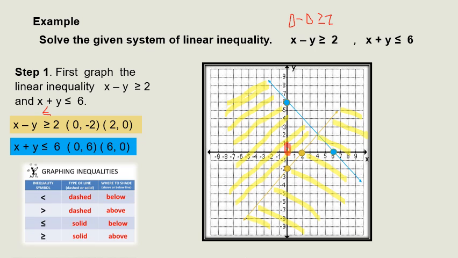But take note, 0 minus 0 is 0, and is that greater than or equal to 2? I think that is not. So that is false. Why is it false? Because 2 is greater than 0. So it means the (0, 0) here is not part of the solution set. Now let's determine another ordered pair. How about if I get one here?